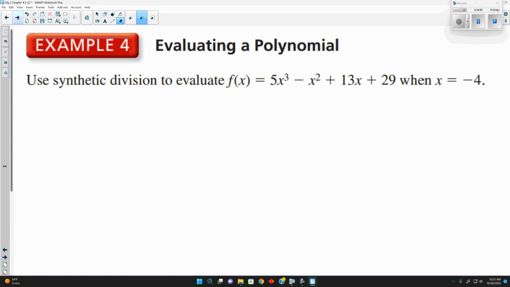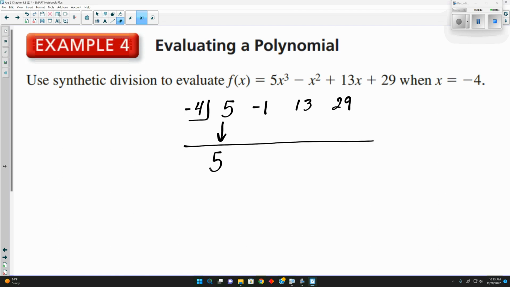So here's our next example. Evaluate a polynomial. Use synthetic division to evaluate this here. Well, there is something that's nice. They already gave us x is equal to -4, yes? It is, because that means we can just plug -4 into the cubbyhole. We already solved for it. Now the numbers going across the top are 5, -1, 13, and 29.